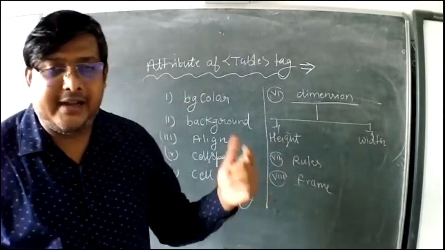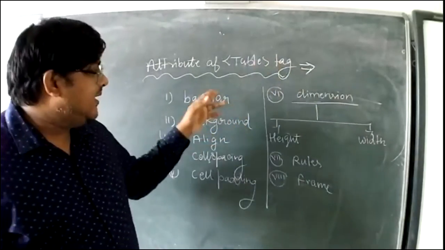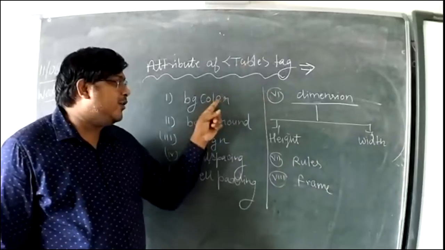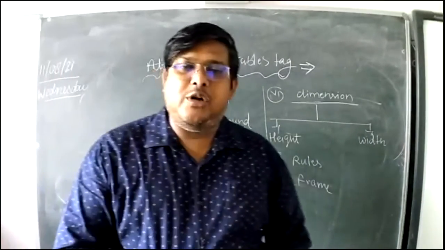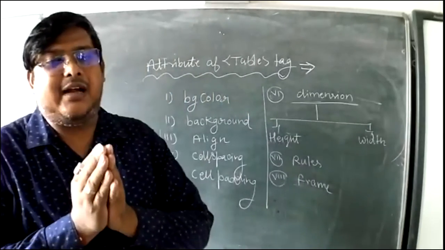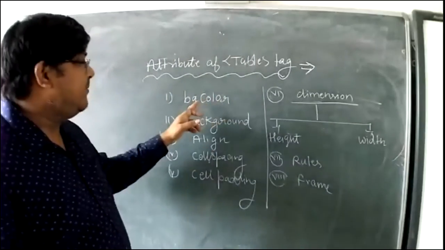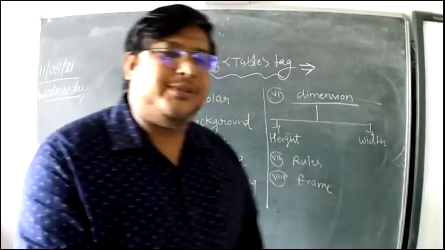Yes. The right answer is the body tag and the table tag. In both tags, we are using BG color and background. They may also ask you what are the common attributes in the body tag and in the table tag. So what is the answer? BG color and background. So first heading, write BG color.